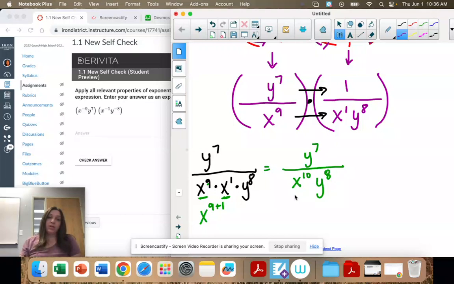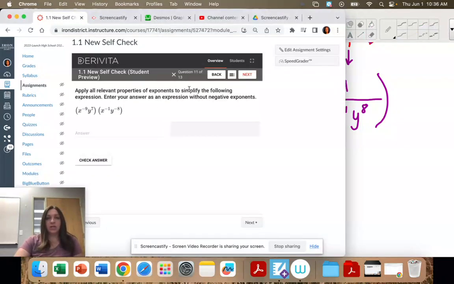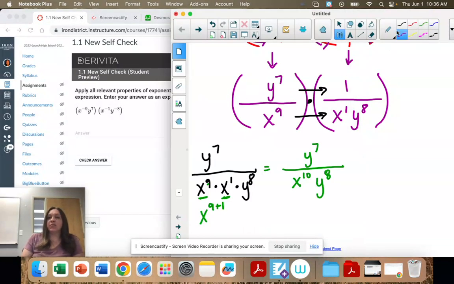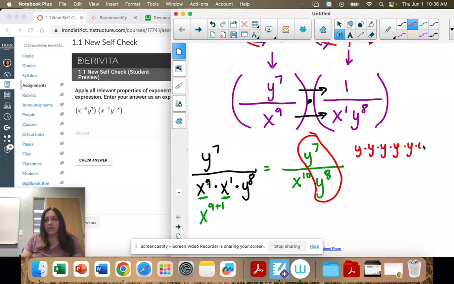So we don't have any negative exponents, we got that, but we need to simplify all the way. Right now this isn't simplified because there's y's here that can be combined. This really means we have 7 y's on the numerator and 8 y's on the denominator.